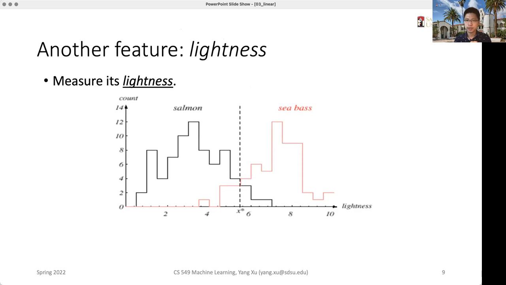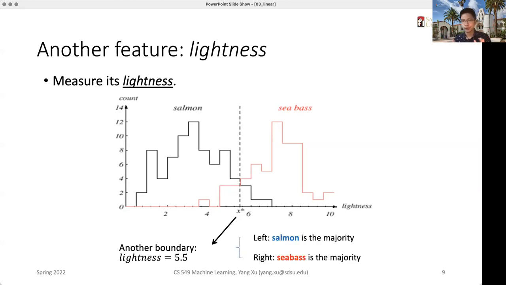And it seems a better separation of salmon and the sea bass if we use only lightness as a feature. As you can see, right? If we use the boundary in the middle, then the distributions of the data on either side are more pure, right?